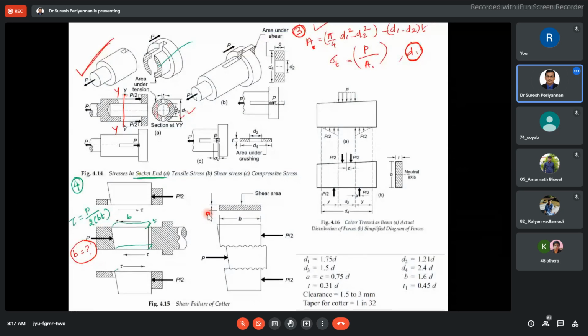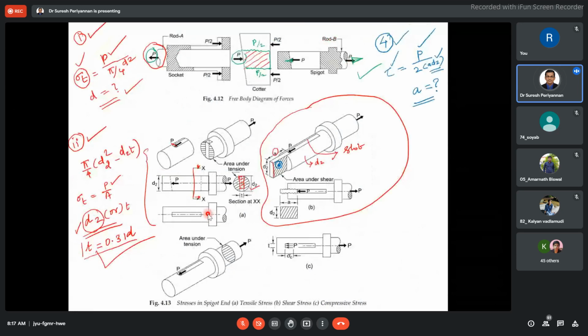What is the tensile force? Tensile stress on the rod, sigma t is equal to P by pi by 4 d square. Then we are able to find d, because sigma t is given from the table based on the material properties.